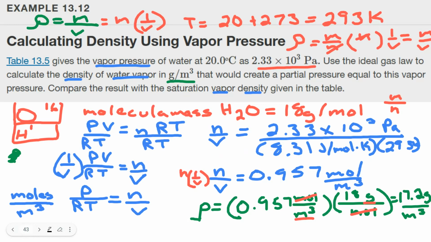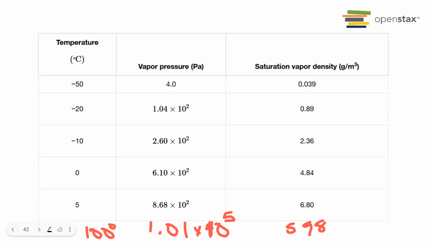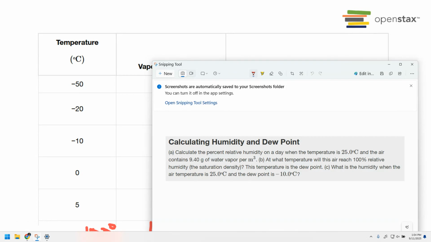I don't have the whole table in the notes. I wish I would have, but I'm going to go all the way back until I find 9.4 or somewhere close to 9.4 in here, and there'll be a corresponding temperature to that. So let me see if I can find this. I have the textbook right here. It's going to be tough. Oh, they rigged the problem. So if I go back here, let me do this.